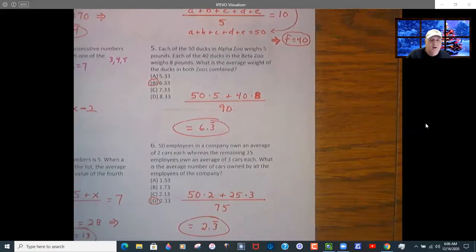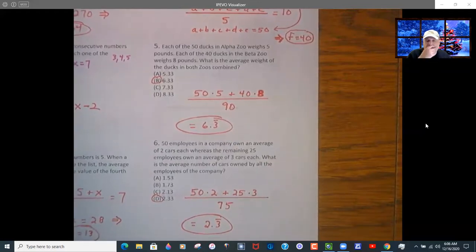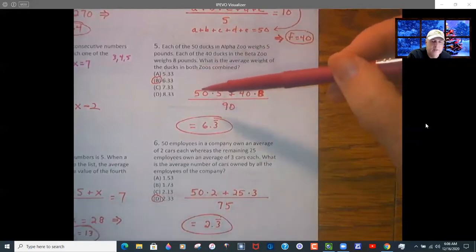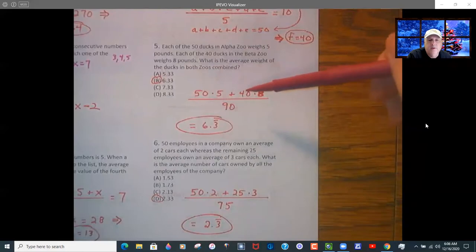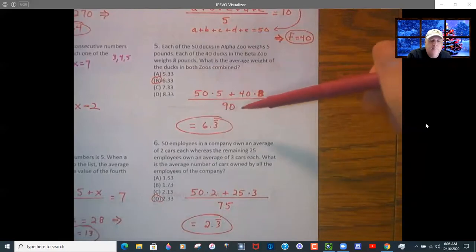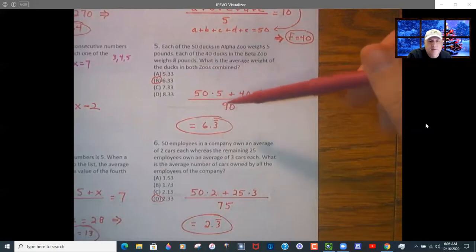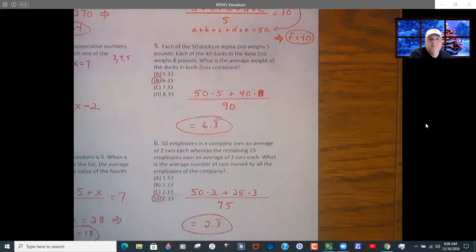Okay, this is called a weighted average, and it takes place so often in society, especially with teachers doing their grades. Like we want to weigh our quizzes 70% in the class or something like that. So it's frequency times weight, frequency 1 times weight 1, plus frequency 2 times weight 2, on and on, over the sum of the frequencies.